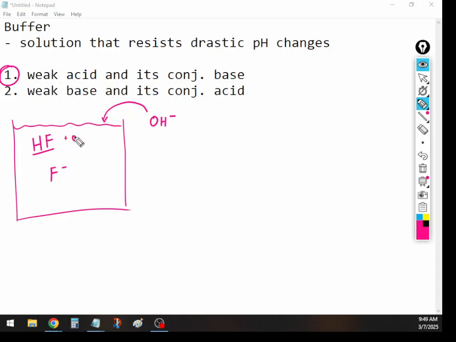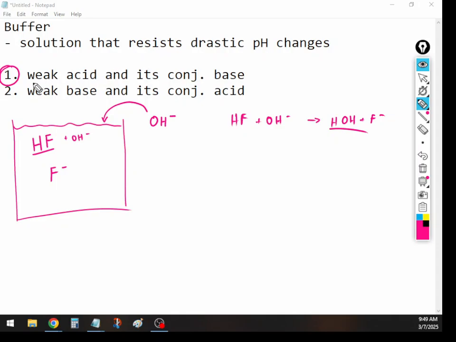HF will react with the OH minus, and that'll also reduce the pH change, because if you react HF and OH minus, it's going to produce water, HOH, and F minus. And water is neutral, so it's not going to change the pH very much. And so that's how it buffers the pH change. That's the mechanics of how it works.